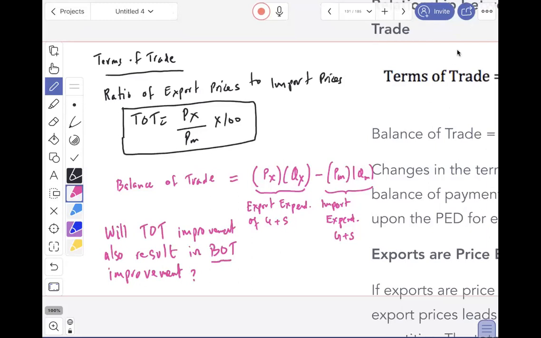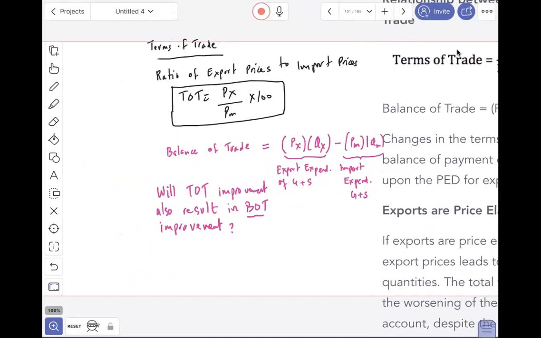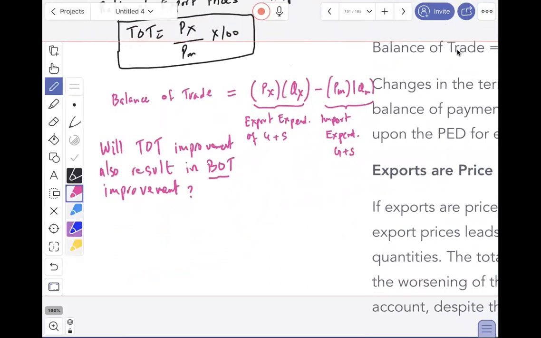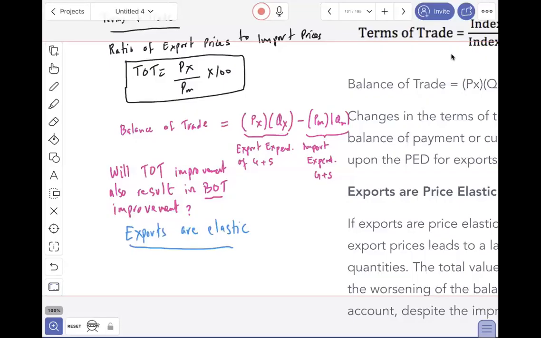So let's start off with looking at various cases. But the first thing we're going to look at is, what if your exports are elastic? Before I move on, is there any question on terms of trade and balance of trade?